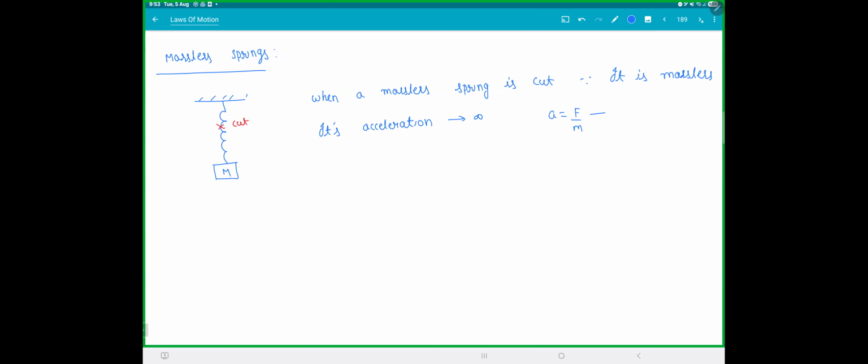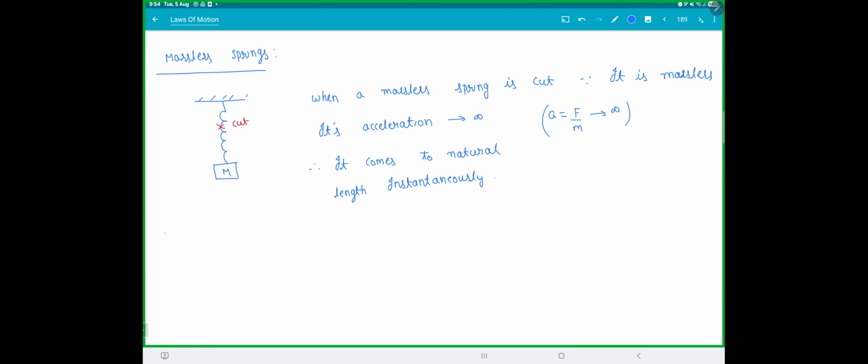If m tends to 0, then this will tend to infinity, even for a small force. So therefore, it comes to natural length instantaneously. So you have 0 time and you have an infinite acceleration. So that will come out to be a finite value. But again, in nature, you don't have any massless spring. This is hypothetical. And most of the things that we study will be this only, springs without mass.